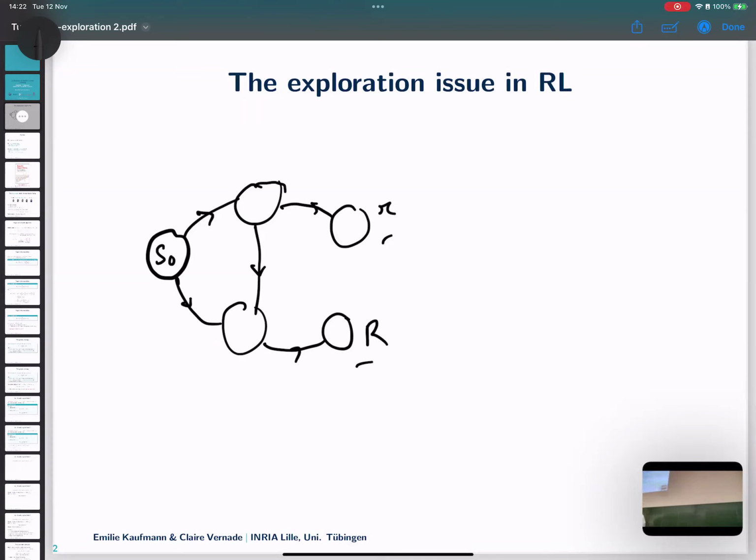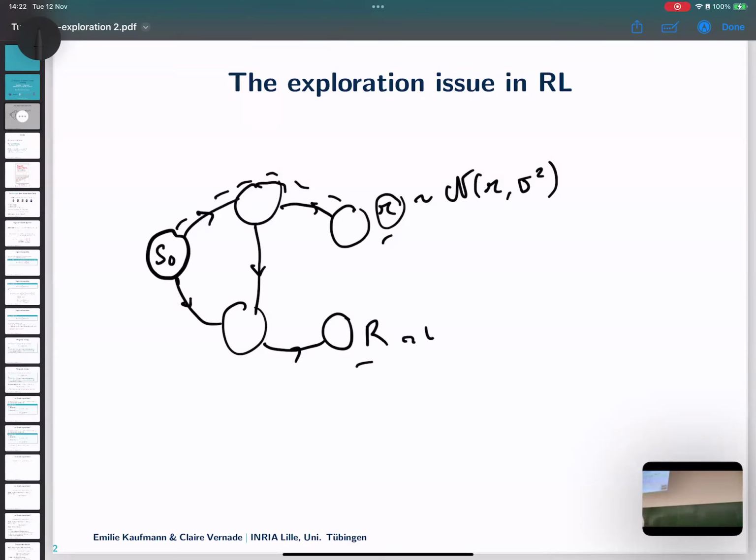So the problem of exploration that you probably have already seen in previous classes is that typically, if you create an algorithm that is going to explore here and observe this reward, let's assume that there's noise. So it's a reward that is centered on some small value, with some sigma squared, some randomness plus or minus some noise.